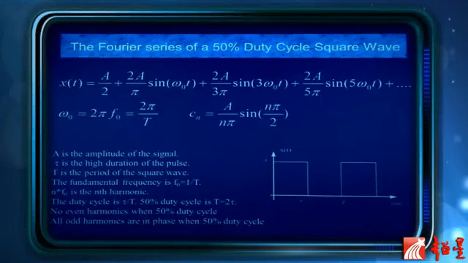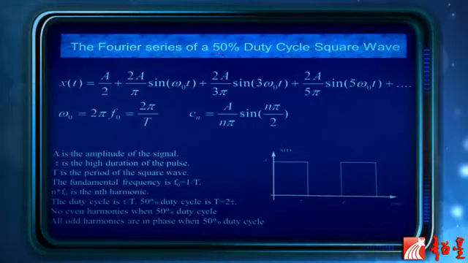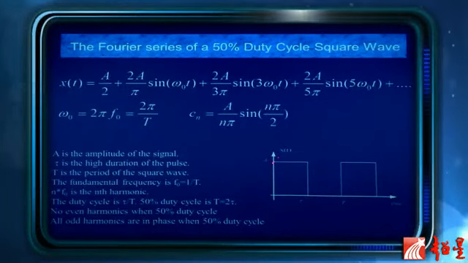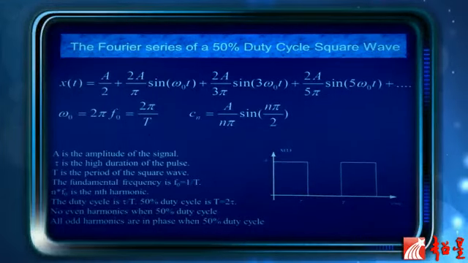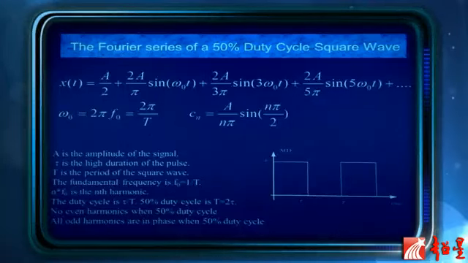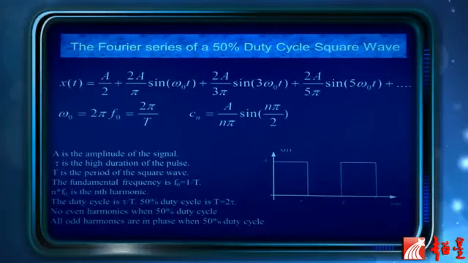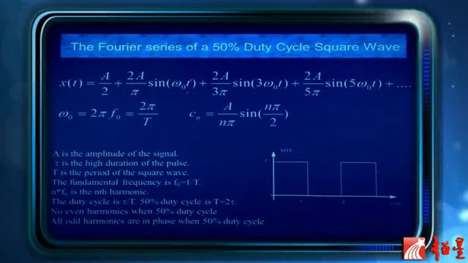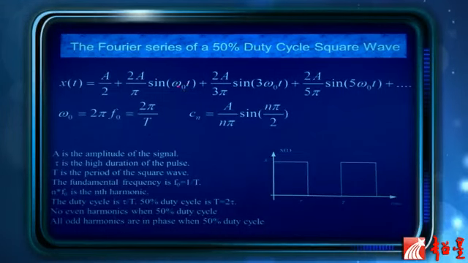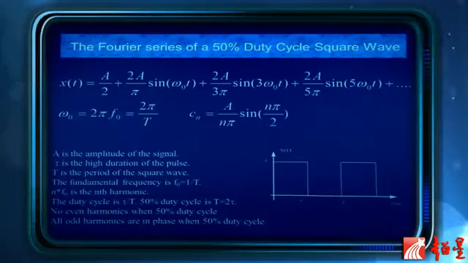This is an example of a square wave, okay, with 50% duty cycle. That is, the high is half of the period, okay? So this signal can be represented by sinusoidal expansion, or Fourier series expansion. You can see that this is the fundamental frequency, where omega 0 is 2 pi times the fundamental frequency, and then this is the third harmonic, fifth harmonic.